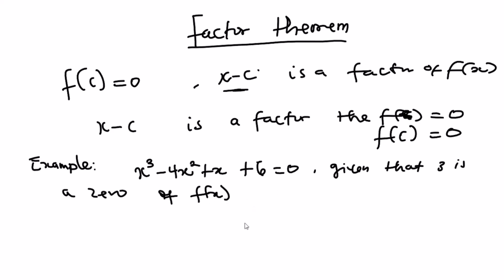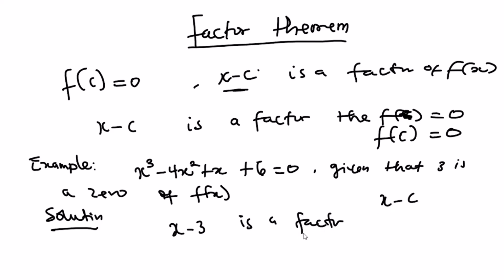Alright, so what is the basic idea behind this? Since 3 is a zero of that polynomial, then we can have x minus 3 is a factor. So it is in the form x minus c.